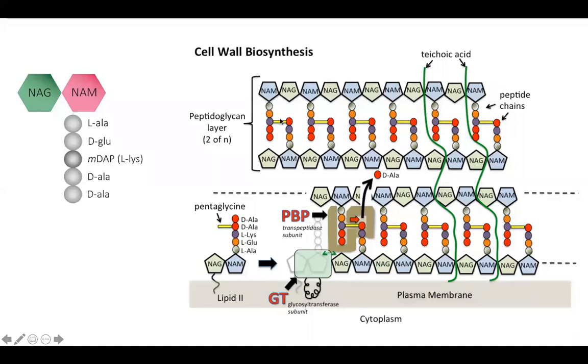Remember, we said it's the interlinkage. You can see the peptide chains to your right. You have NAG-NAM, NAG-NAM, you have the short peptide, and it's through the interlinkage of the short peptide to the other chain of NAG and NAM that makes the cell wall so strong. And remember, for the gram-positives, you have the teichoic acids, the lipoteichoic acids, and so on and so forth.